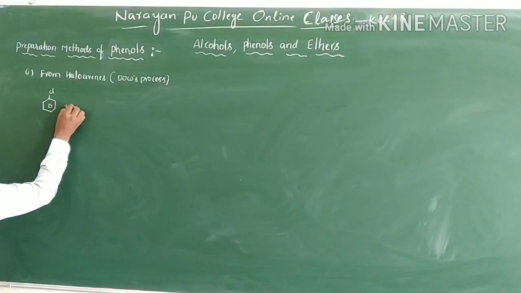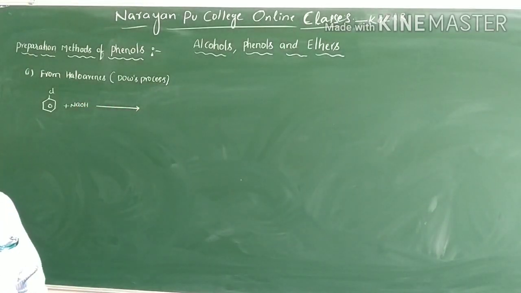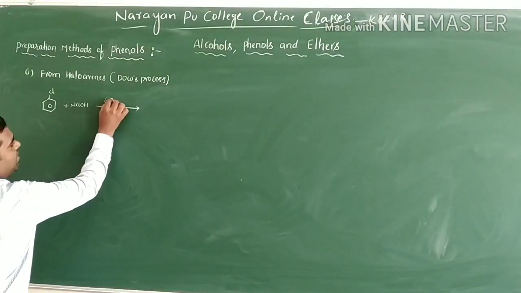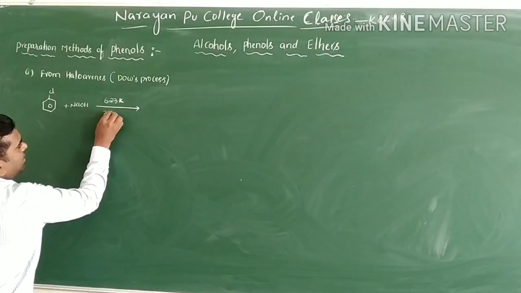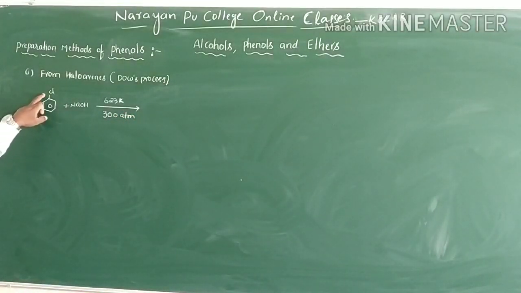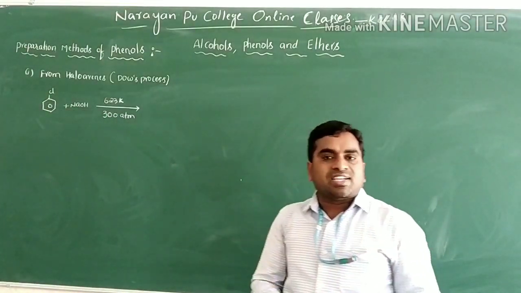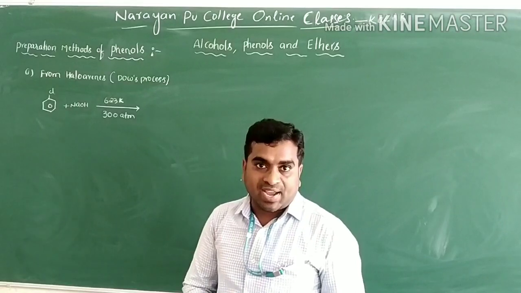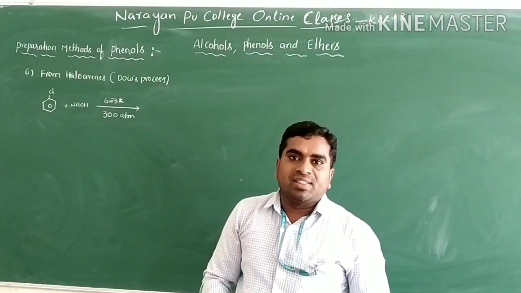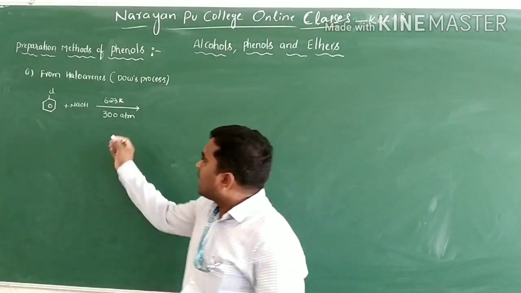Whenever haloarene is treated with NaOH at 623 Kelvin and 300 atmospheric pressure, because haloarenes show less reactivity towards nucleophilic substitution, we have to maintain drastic conditions, high temperature and high pressure, then only the reaction takes place. Clear?